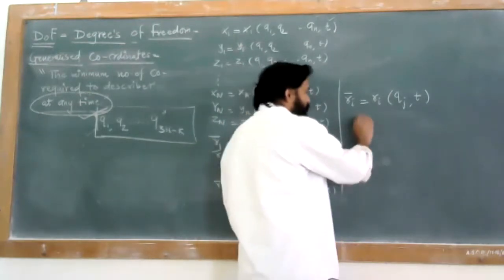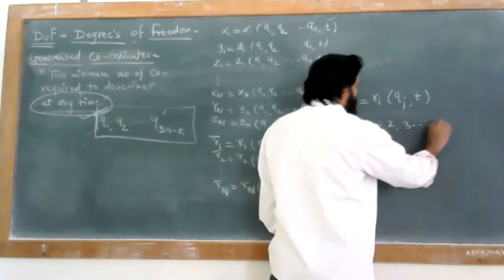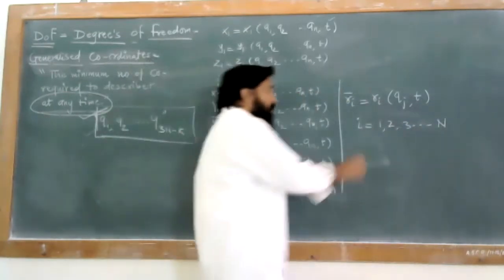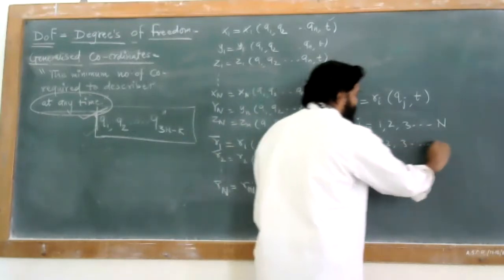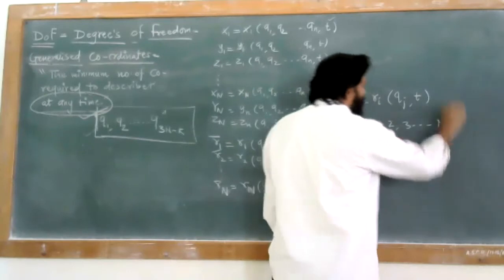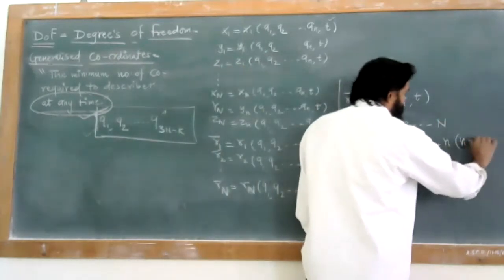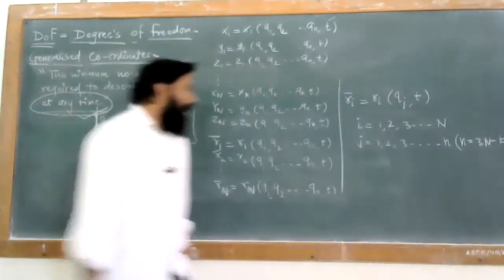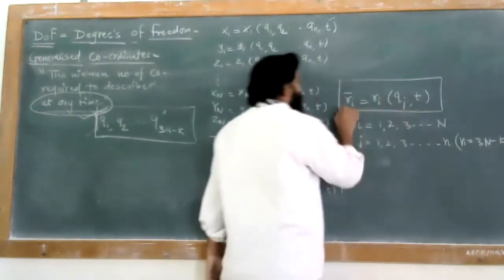The value of i is 1, 2, 3 up to capital N. What is j? The value of j is 1, 2, 3 up to small n. What is small n? The value of small n is nothing but 3N minus 3. So just remember that, we'll generalize it and you can write it in this way.